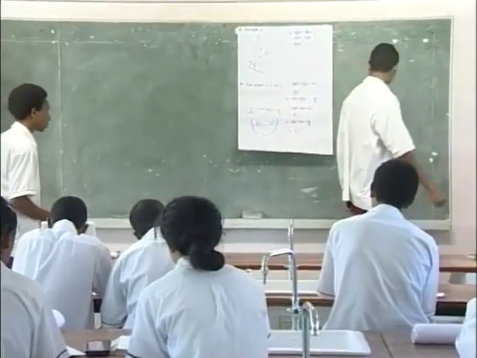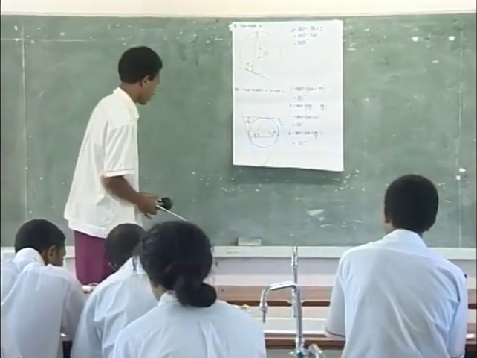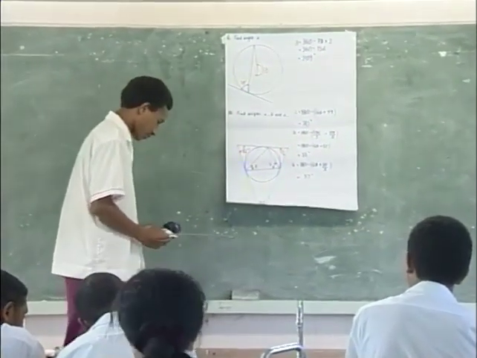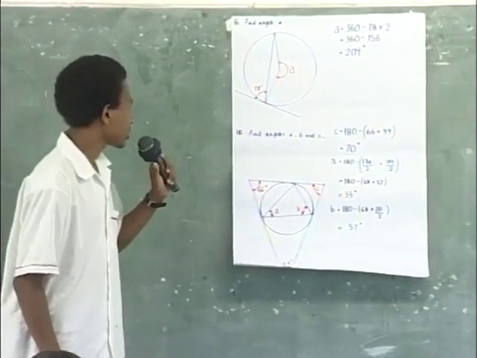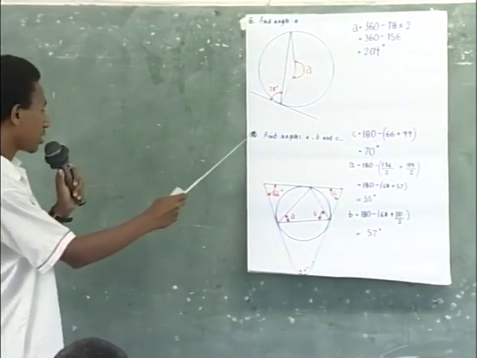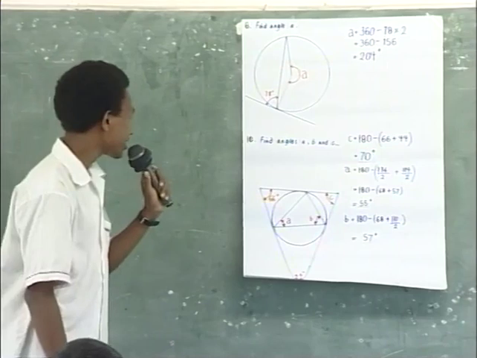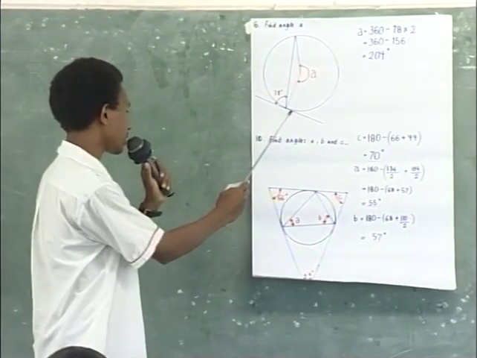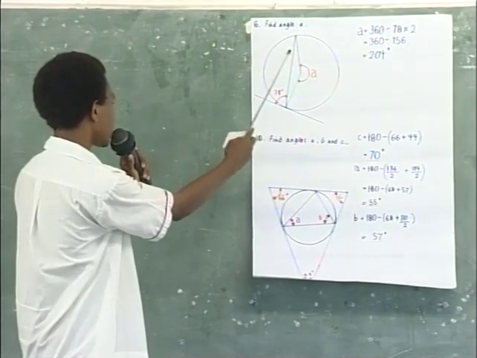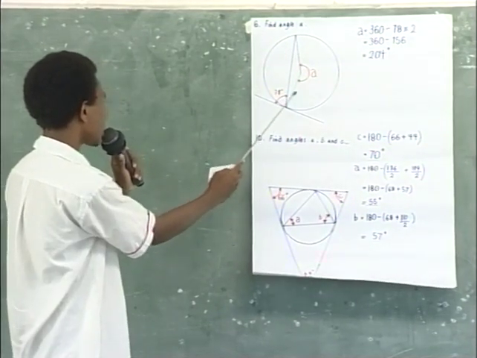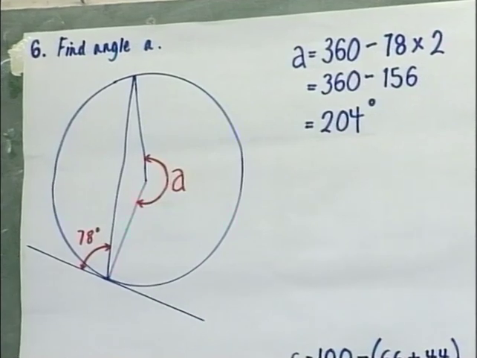Cyclic quadrilateral. So, opposite angles are supplementary. To find angle A, we use property number 3, which says that the angle between the tangent and a chord drawn from the point of tangency equals half of the angle at the center.